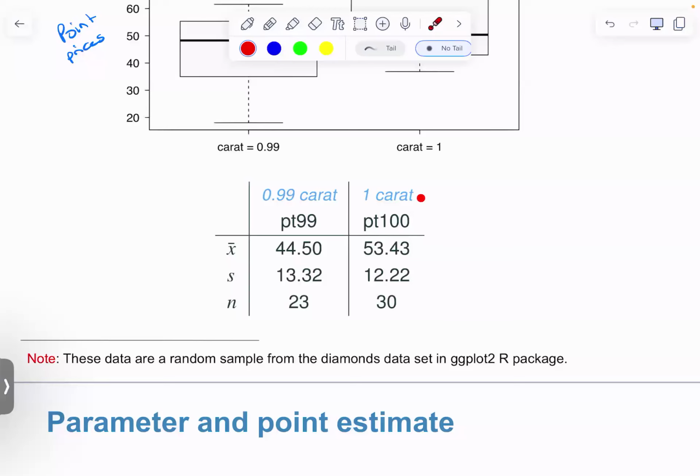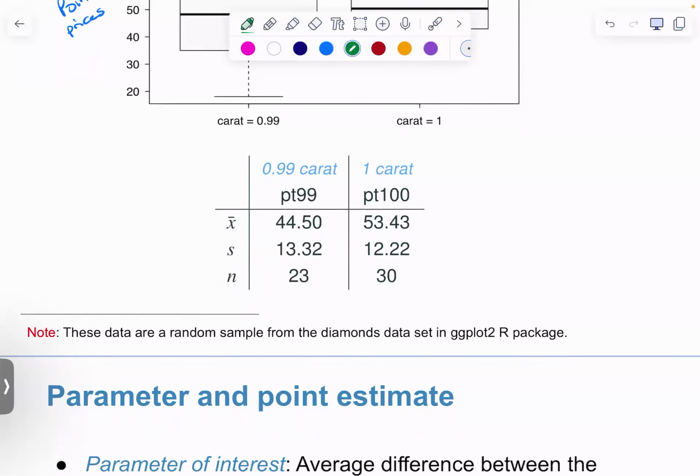For our 1 carat diamonds, the 100 pointers, we have an average point price of 53.43, a standard deviation slightly smaller, 12.22, and a sample size of 30. I will point out here, because it always trips people up, that n1 and n2 are allowed to be different.